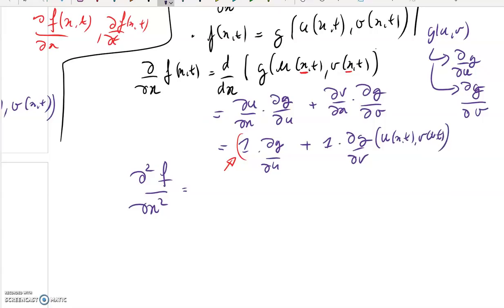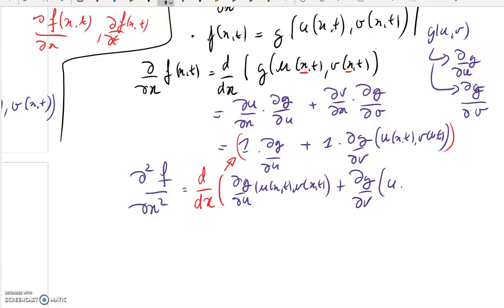So let's apply again a differentiation on what's preceding: d over dx of the previous expression, which is dg over du of u of x, t, v of x, t, plus dg over dv of u and v.